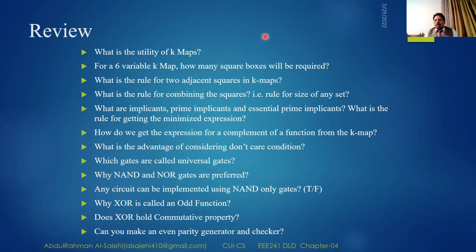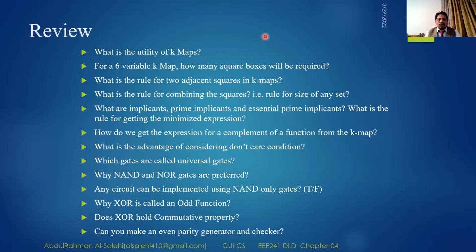The don't care condition, which we'll see also later on, depends upon the design of the circuits available to us and what the output of that design was, which is not even in our interest. Then we came to discuss the implicants, the prime implicants, essential prime implicants, and the other rules that give us minimized expressions for digital logic designs.